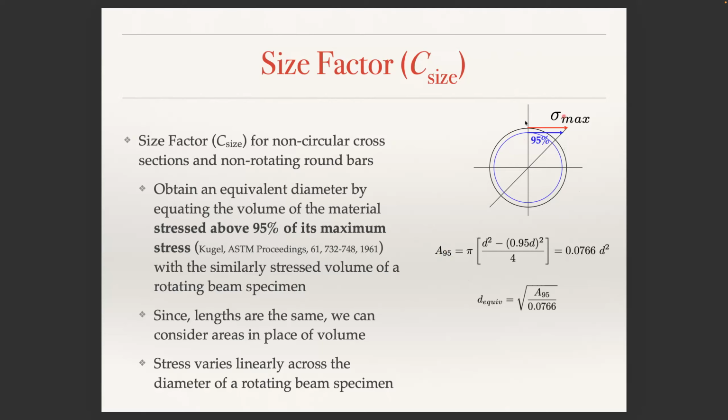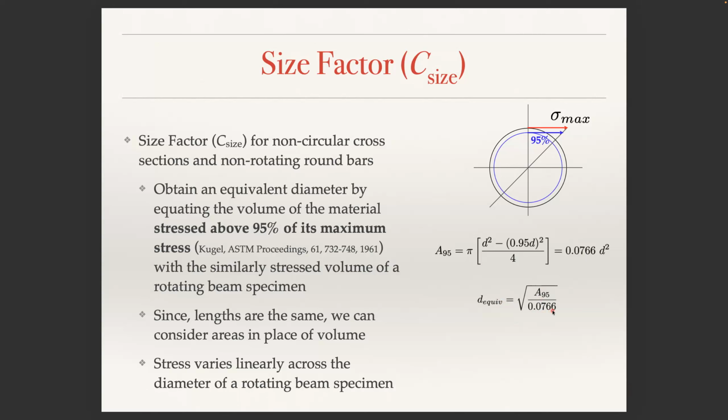A95 is, if the outer diameter is D and the inner diameter is 0.95 times D, the area experiencing greater than 95% of the stress. For a circular shaft, it is 0.0766 D squared. Then I compute the D equivalent, which is the square root of A95 divided by 0.0766.